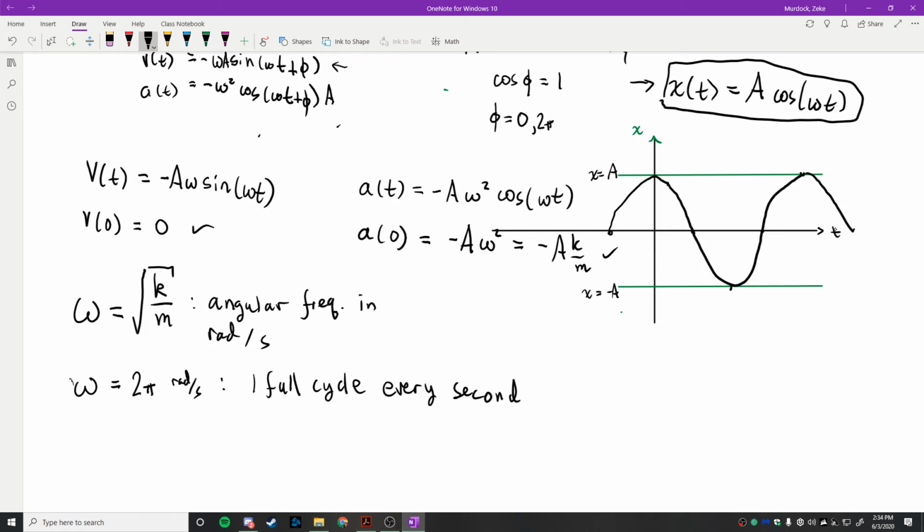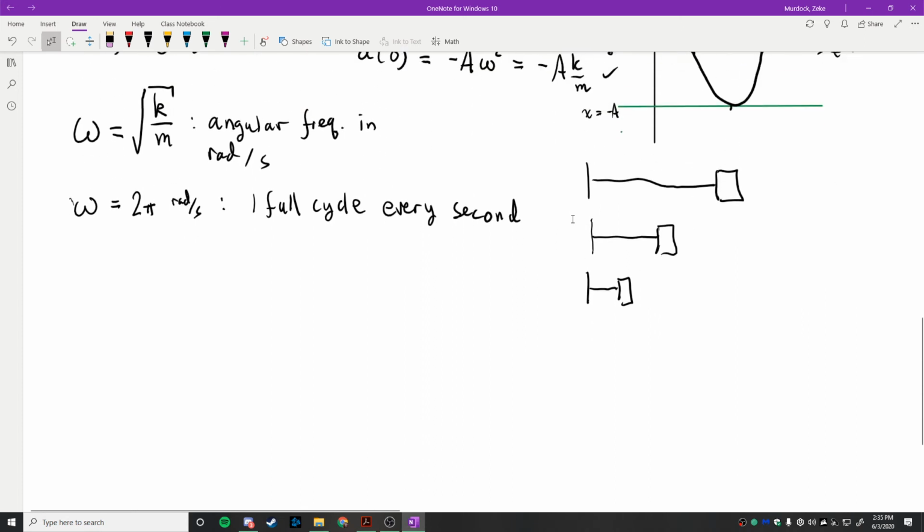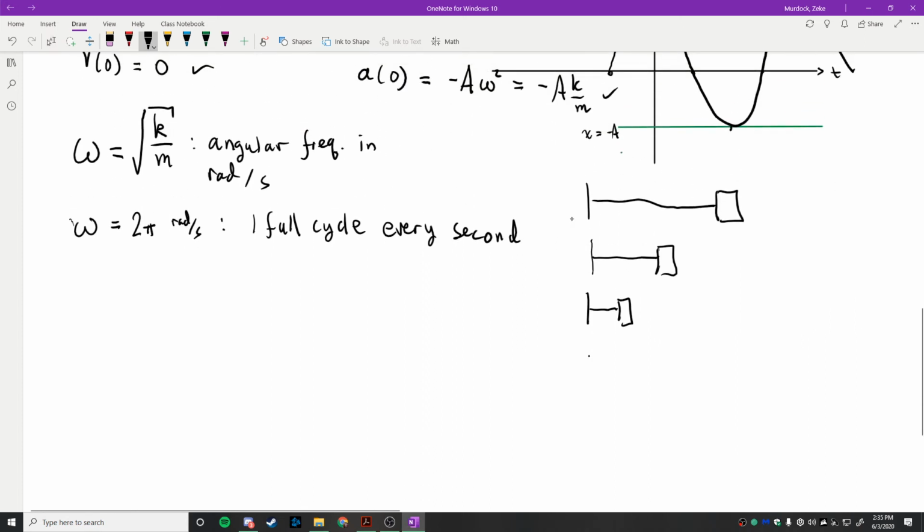The box starts off out here, passes through the middle, and then goes to the scrunched up point, and then it repeats the process. Doing a rough picture here to outline what we're talking about. Then it would go to the middle again, and finally it would repeat by going over to here. That is 1 cycle.